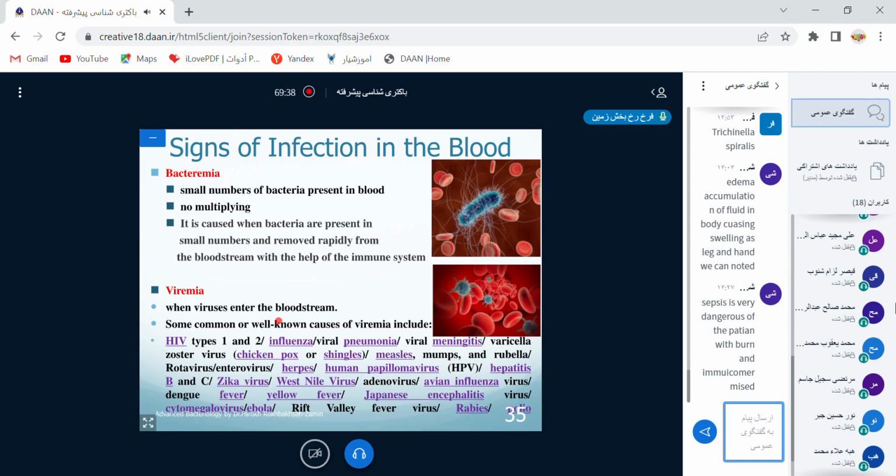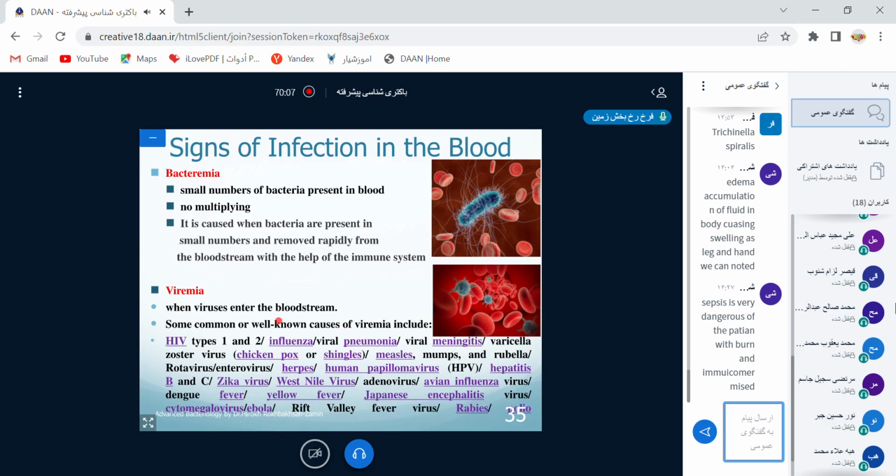They can only multiply inside the cells, and not all cells, only the target cells. For example, hepatitis virus should go to the liver, or another virus has specific sites.